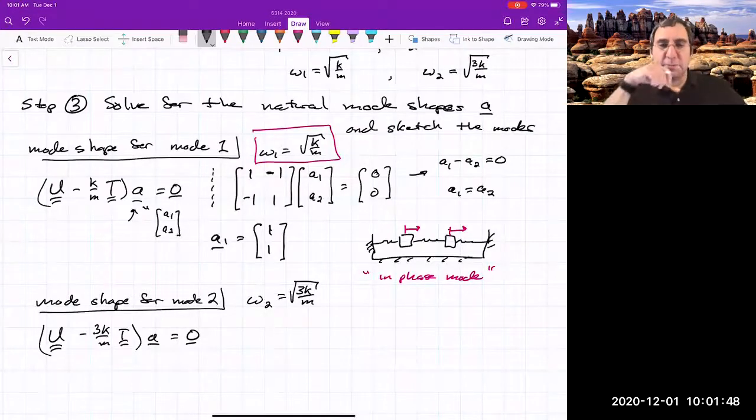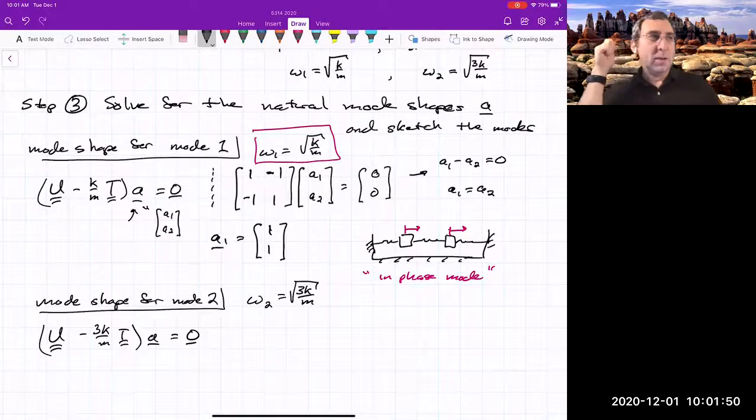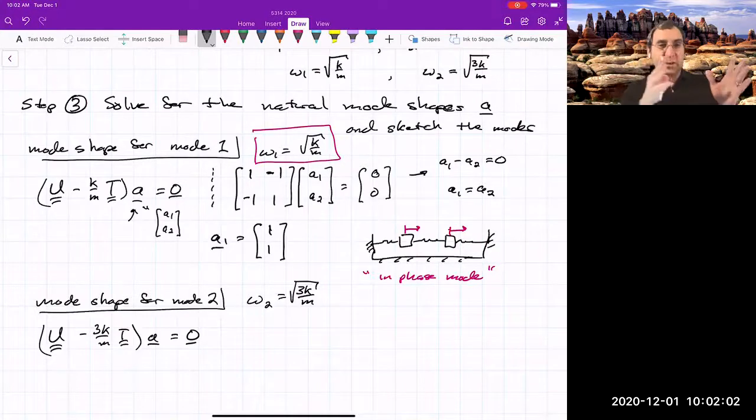There's a question: can this mode shape be called a rigid body mode? I guess you could, just in terms of a name. Often the rigid body mode is reserved for omega equals 0, because that would be steady drift. But this one, just because of its appearance, could also be called a rigid body mode. I don't know if there's any hard and fast rule.